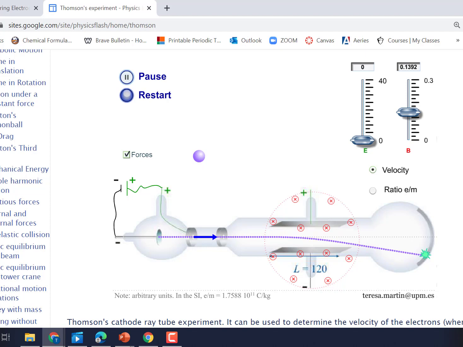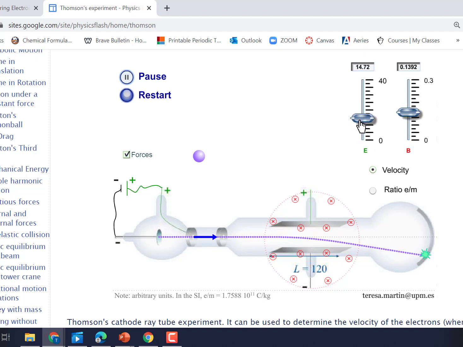So he's got it set up so that electricity makes it turn up, and magnets make it turn down. Okay, so he's got two opposite forces here. And what he did was he tried to balance them.